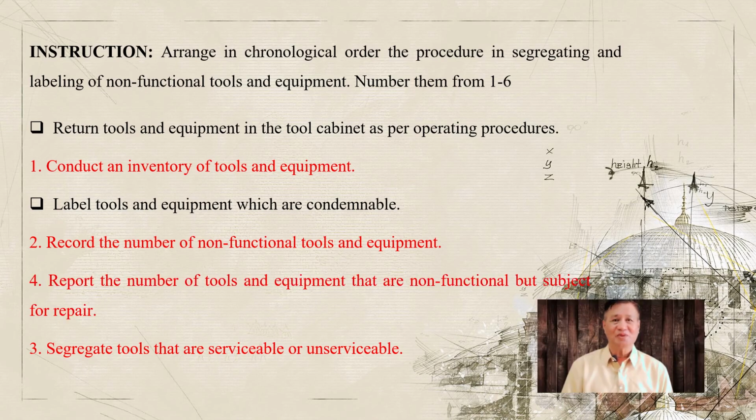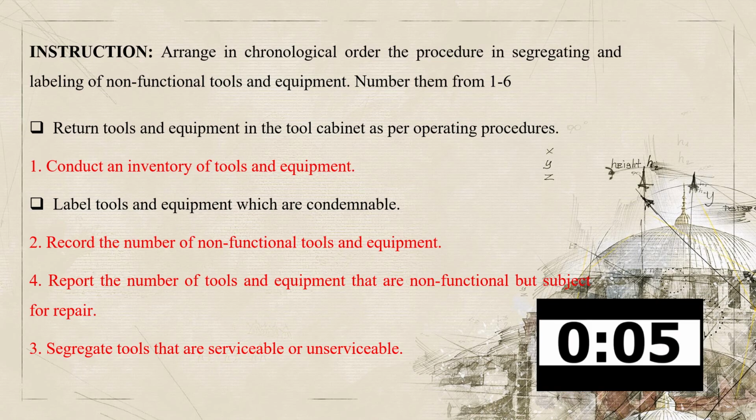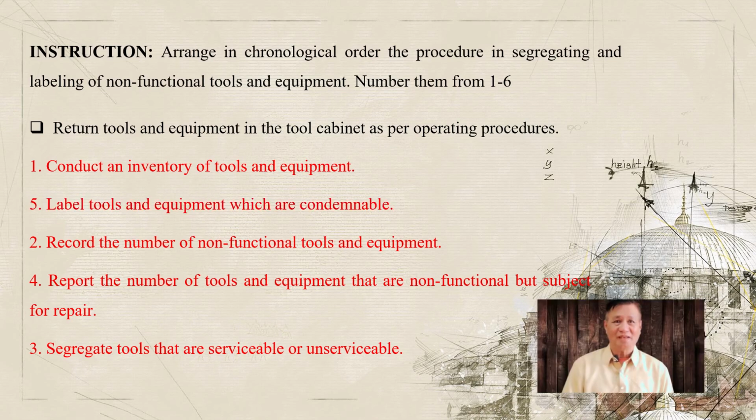The fourth procedure is reporting the number of tools and equipment that are non-functional but subject for repair. Next, 5 seconds starts now. The next one is label tools and equipment that are condemnable.